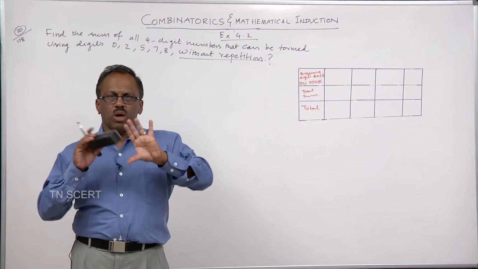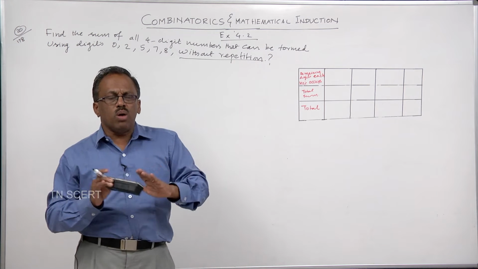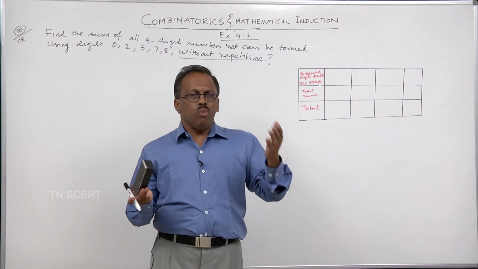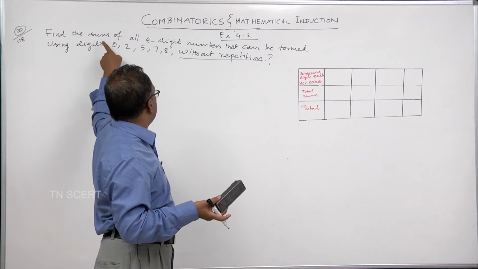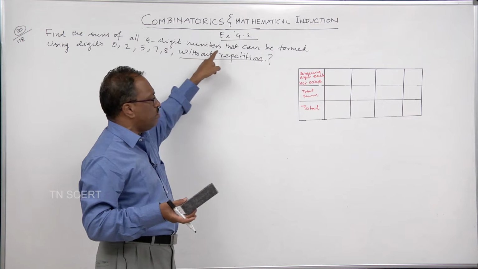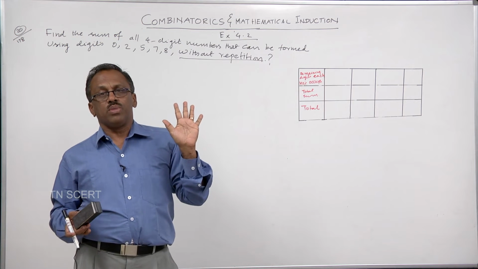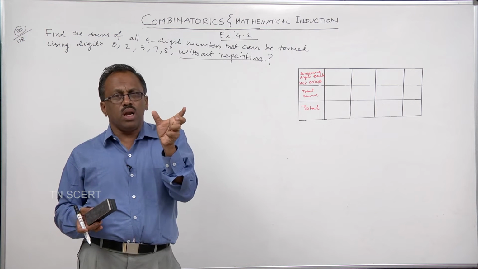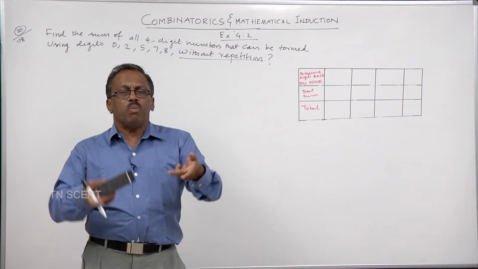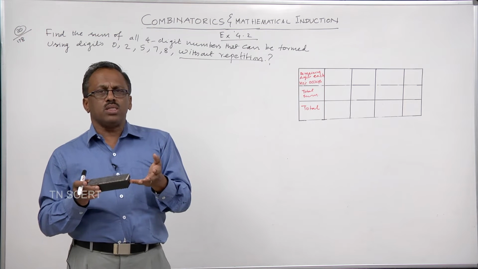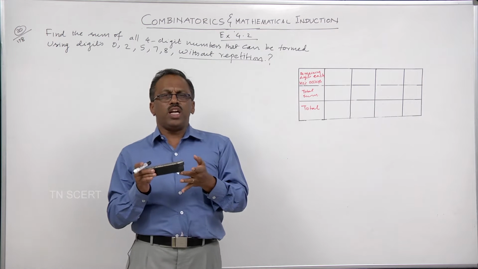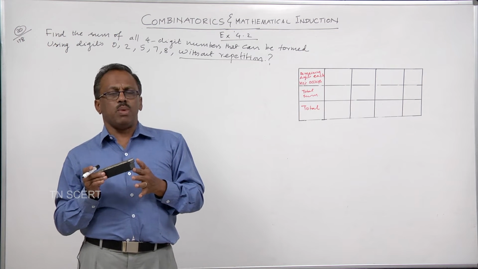Without rearranging anything, we have to form a sum of all 4-digit numbers. Correspondingly, we have to place the digits on the unit place, tens place, hundreds place and thousands place.